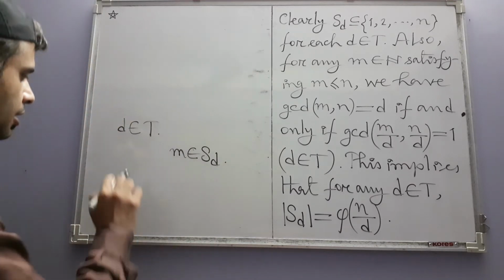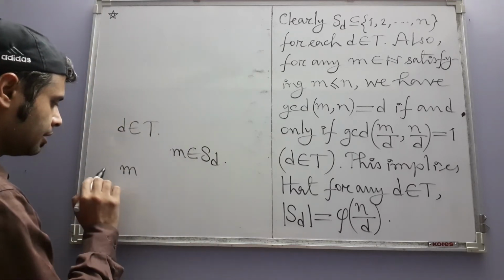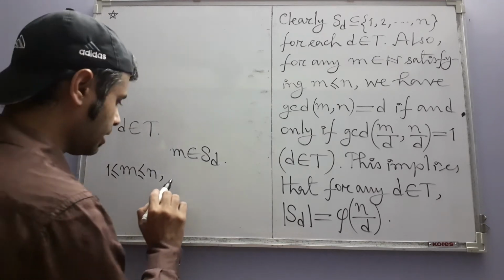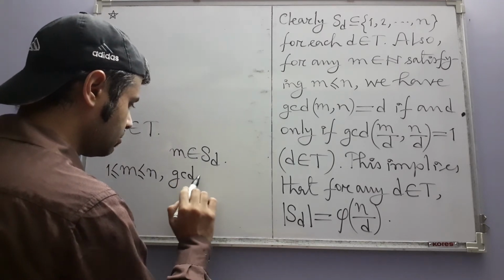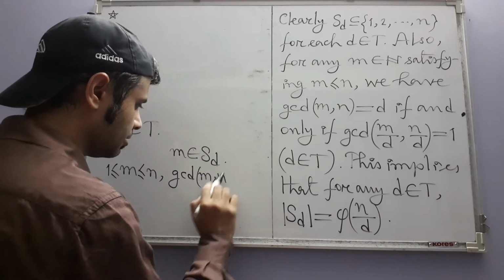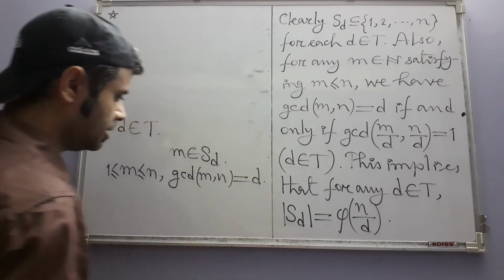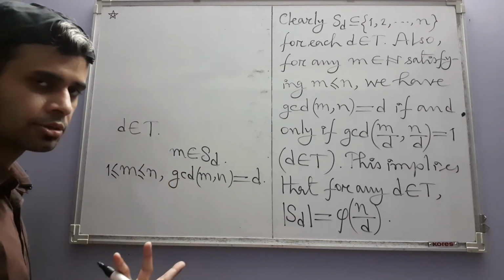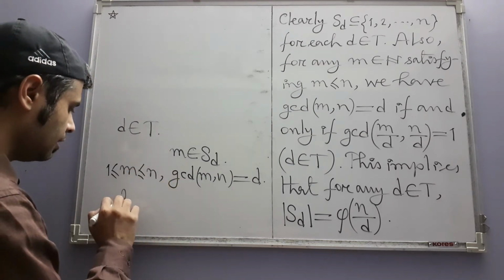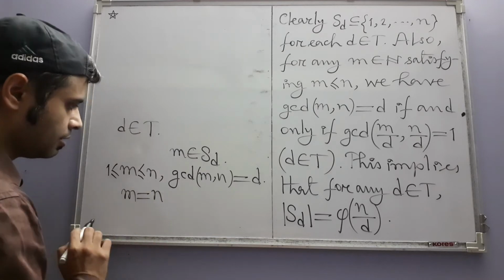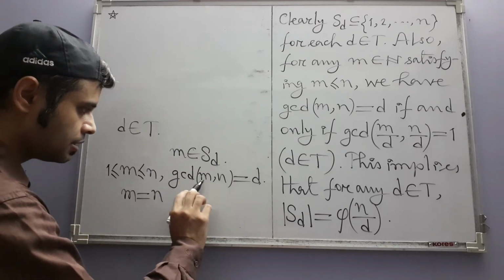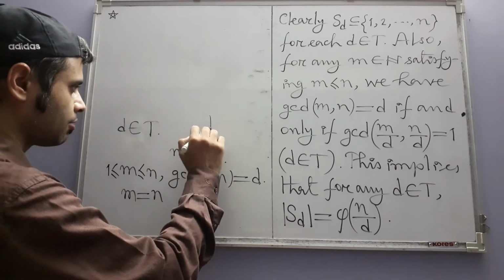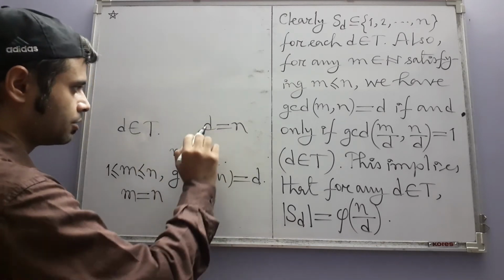So that means what? m will be an integer satisfying these inequalities, and GCD of m and n would be equal to d. Now it may happen that m is equal to n. Okay, if m is equal to n, then of course GCD of m and n would be equal to n. So that means our original d should be equal to n.